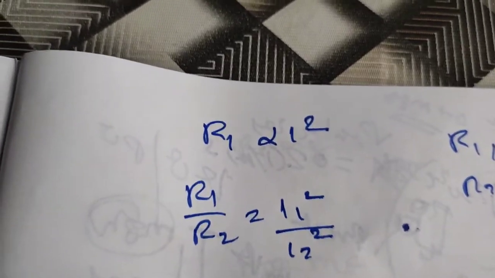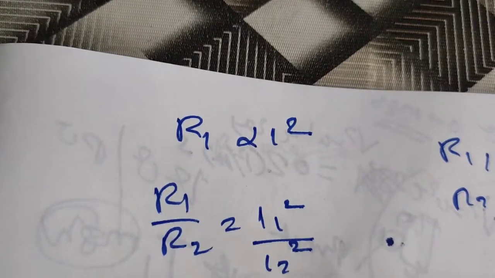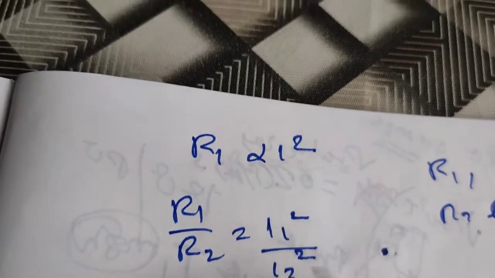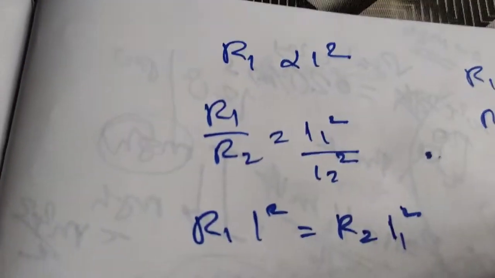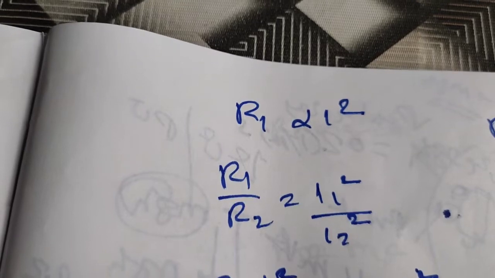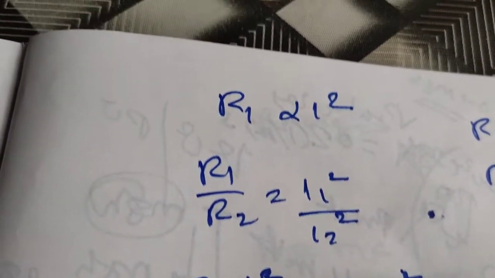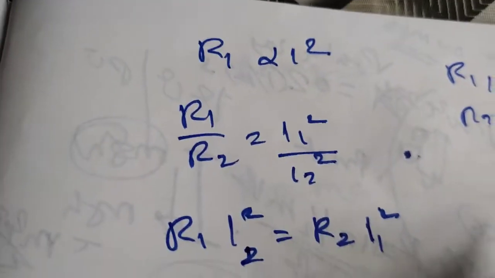Here you can see R1 L2 squared is equal to R2 L1 squared.